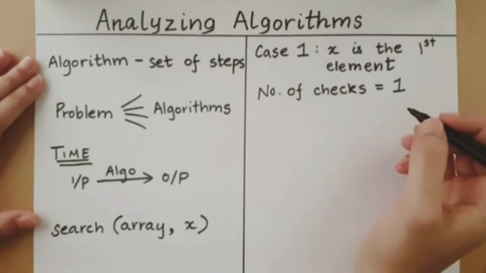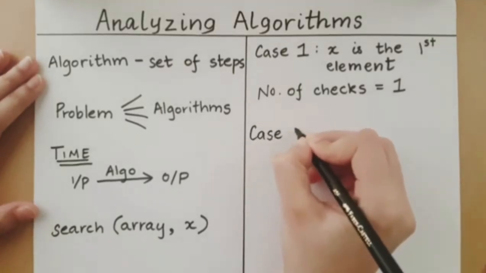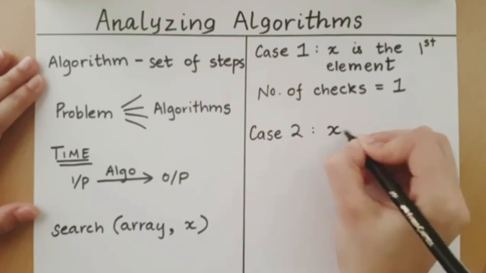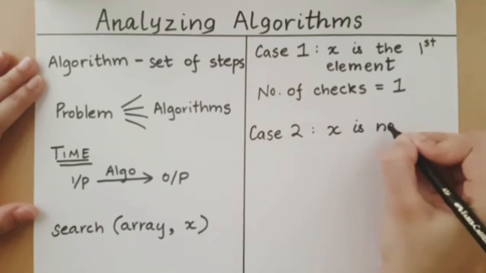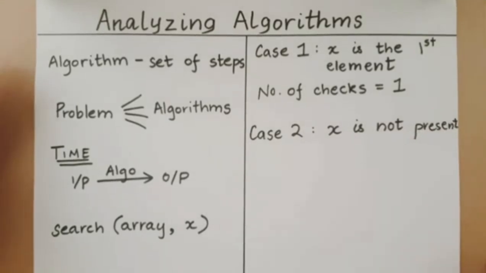Let's look at another case that this algorithm could face. Case 2 is x is not present in the array. So in this case, the algorithm would have traversed through every element in the array, checking whether those elements are equal to x.